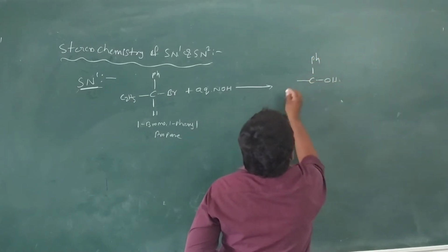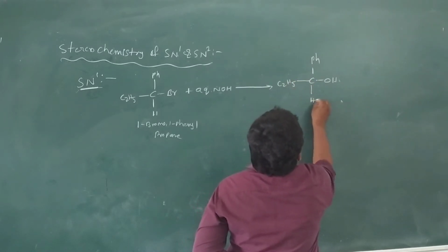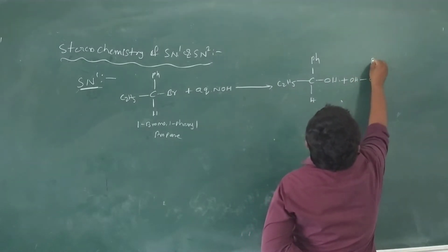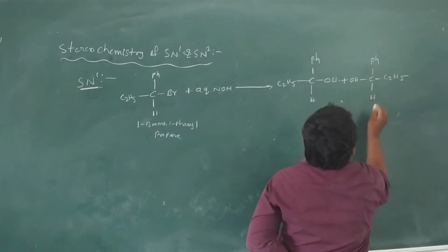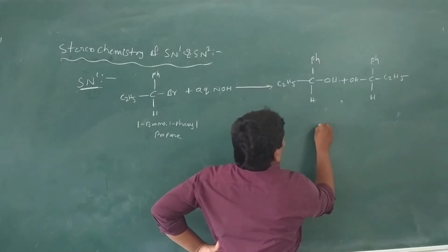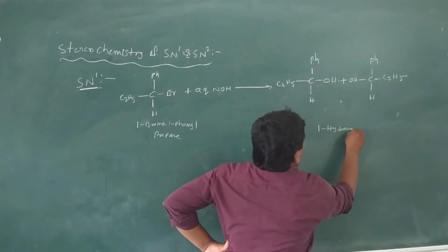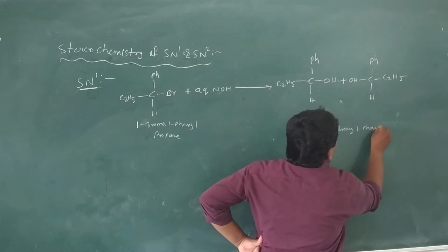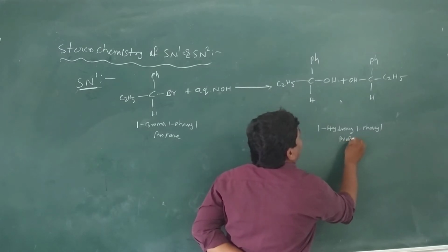C2H5, H plus OH gives C2H5, H. The compound name is 1-hydroxy-1-phenyl propane.